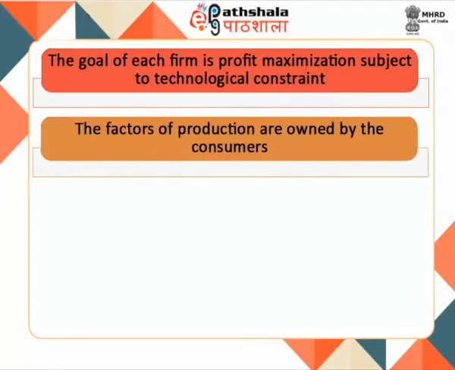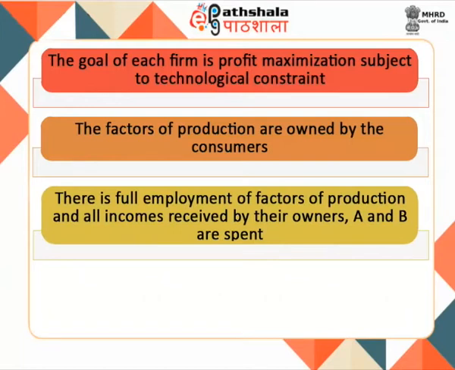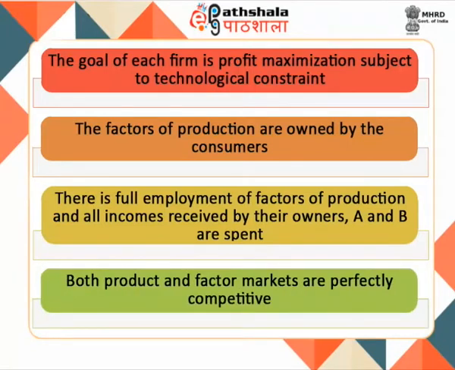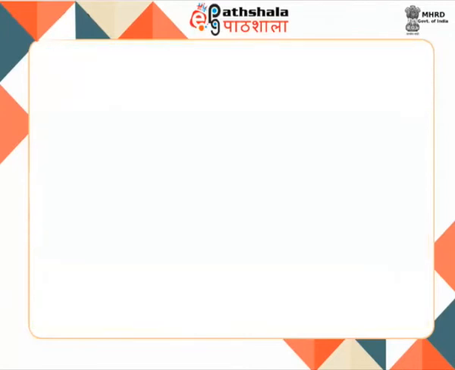The factors of production are owned by the consumers. There is full employment of factors of production, and all incomes received by their owners, A and B, are spent. Both product and factor markets are perfectly competitive.